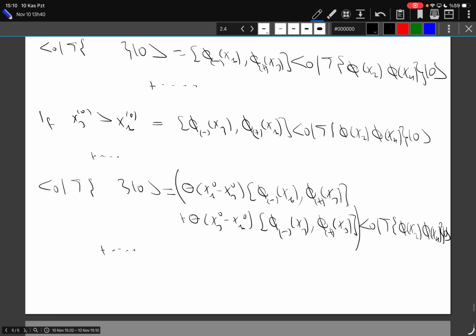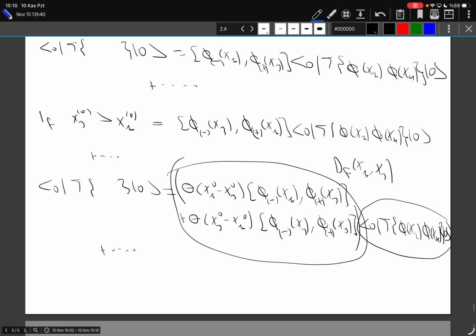But I know what that expression is. This whole thing is nothing but my Feynman propagator. And also, by the way, this is also my Feynman propagator.